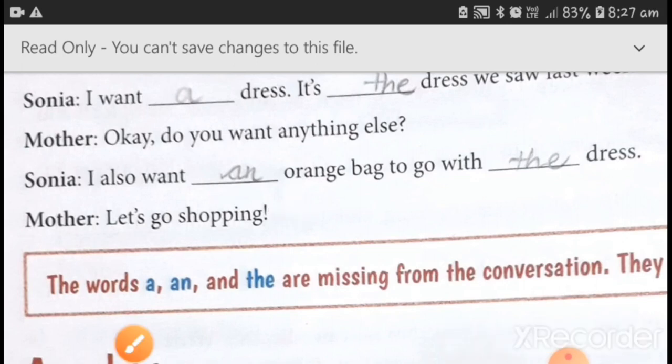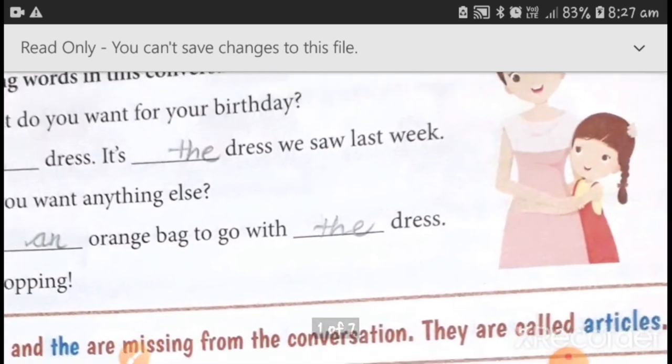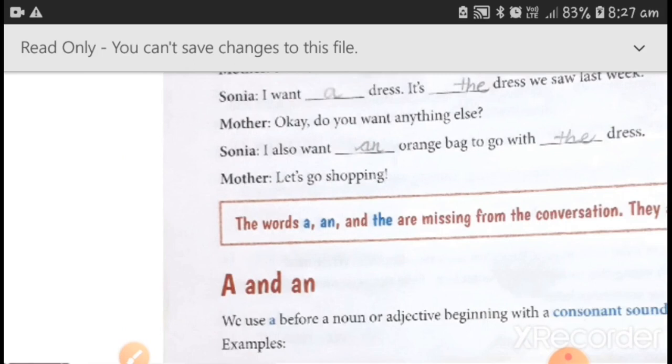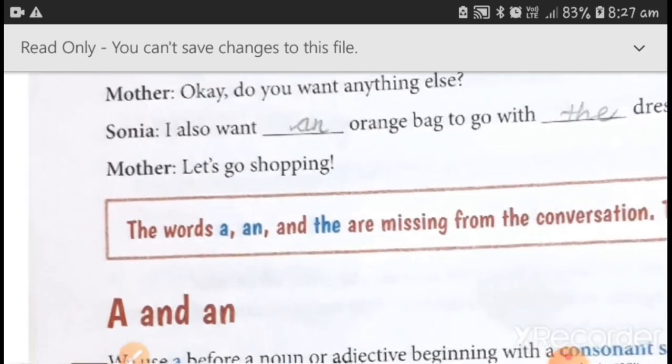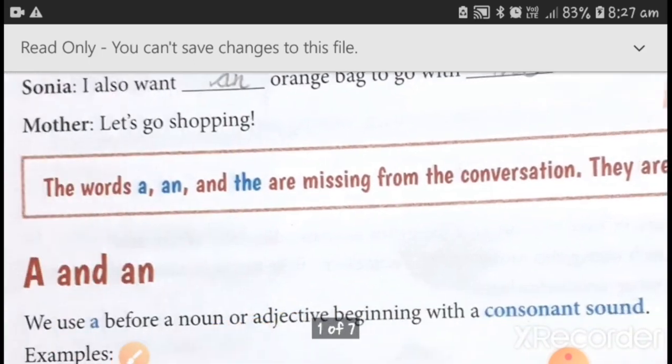So: an orange bag to go with the dress. Again we are talking about the dress, so here again we have to use the article. So the words a and the are missing from the conversation and they are called articles.